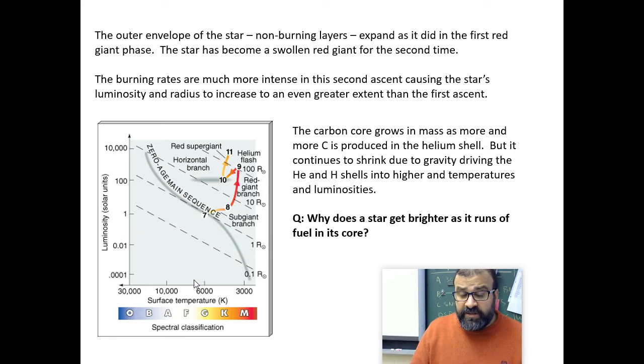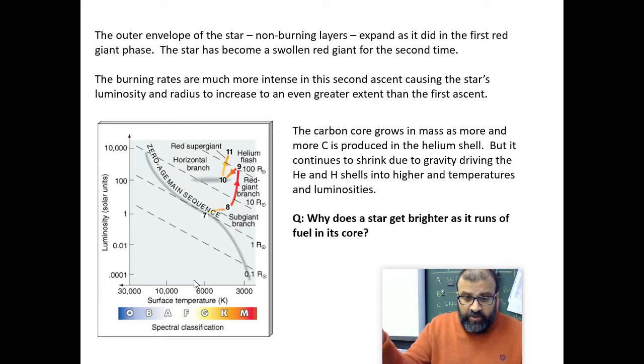So the non-burning layers of the star, right? We've got the radiative layer, the convective layer, the chromosphere, and the photosphere. You should have learned all that in grade 10, right? That heat from the shells causes them to expand outward and outward, right? Not the heat so much, but more the pressure.